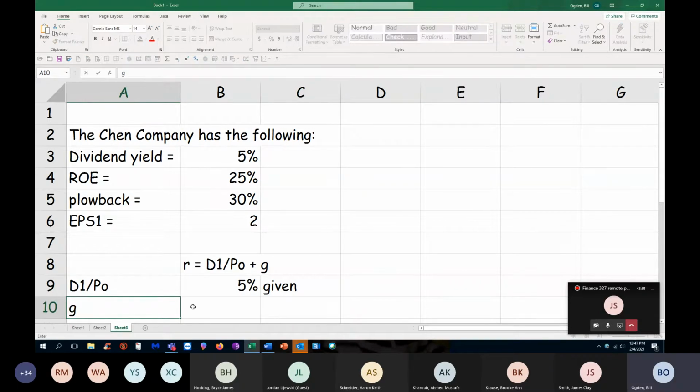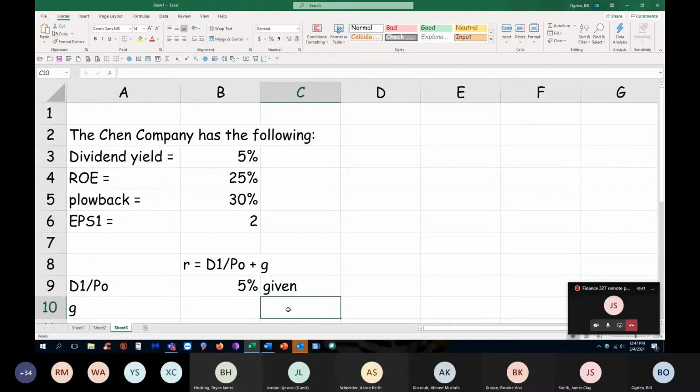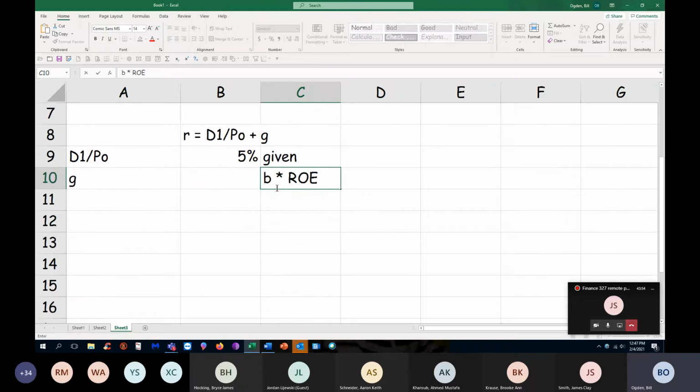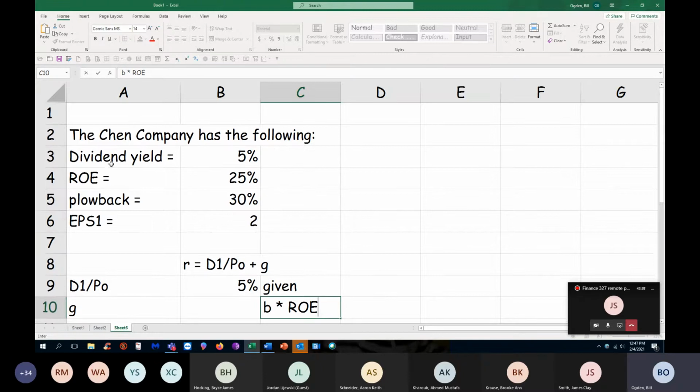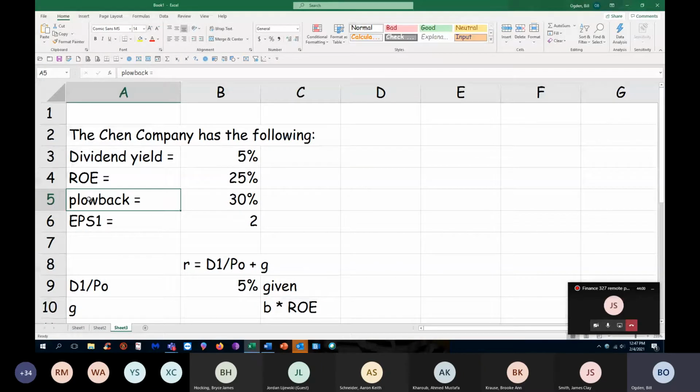How would we find G? I gave you an equation. It says G is equal to B times ROE. What again was B? That's the plowback ratio. Do we have that anywhere here? Yes, we do, right here.